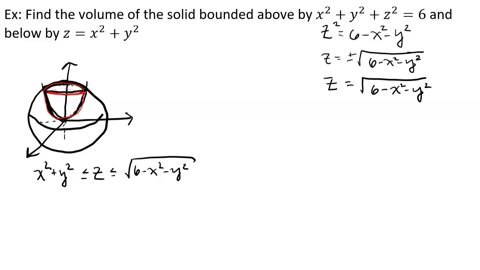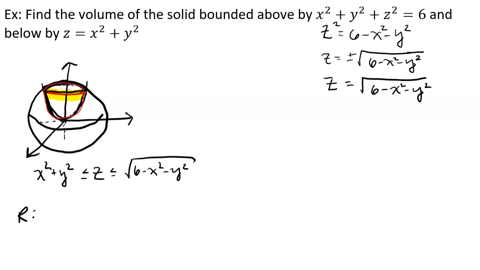Now what we have to try and figure out is, what does our region R look like? Where really is our region for R? If we think about where it's going to be, like we've talked about in the past, if we were to come directly above this solid and shine a light down, we're trying to see what the shadow is going to look like.